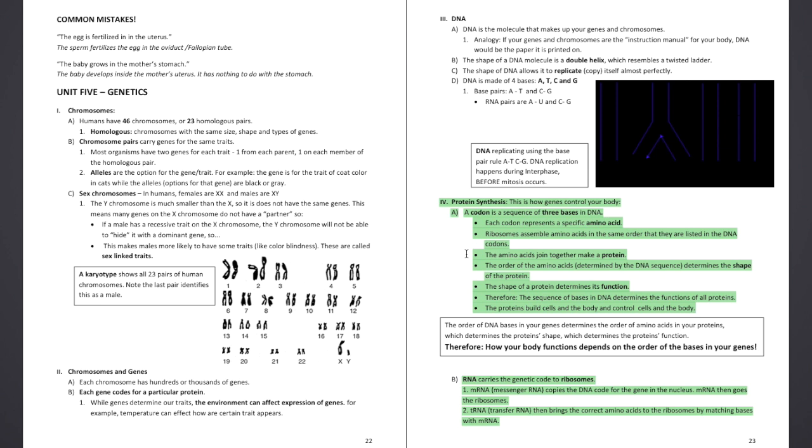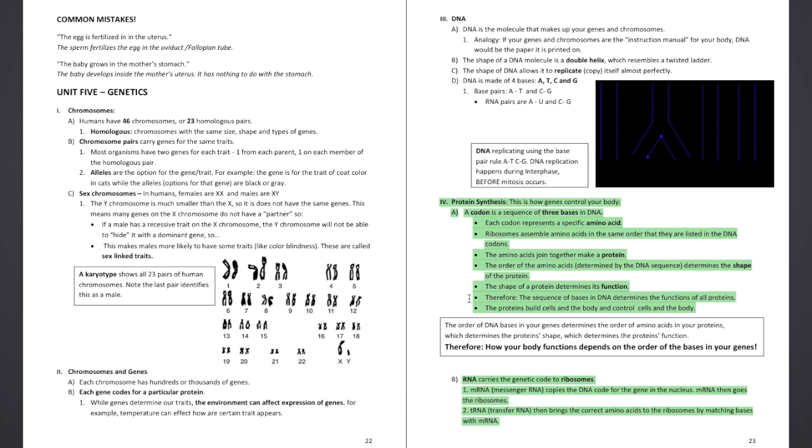The amino acids join together to make a protein. The order of the amino acids, determined by the DNA sequence, determines the shape of the protein. The shape of the protein determines its function.